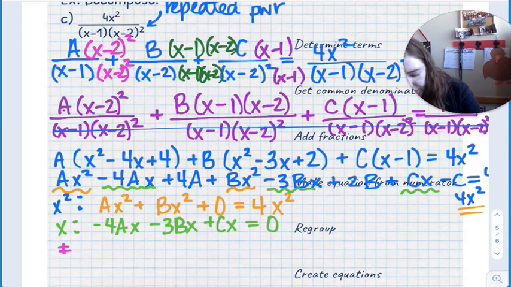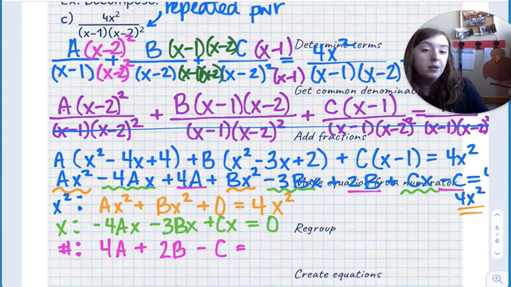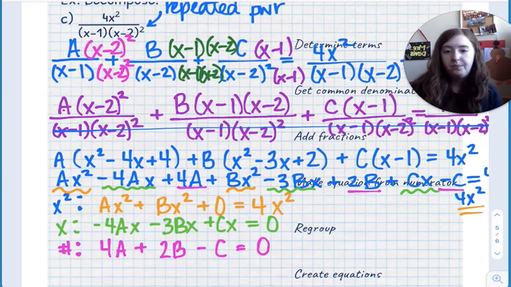Then we'll have our plain old numbers. So I have 4a plus 2b, and then we've got a minus c. I don't have any plain old numbers over there on the right with my 4x squared, so that will be equal to 0.